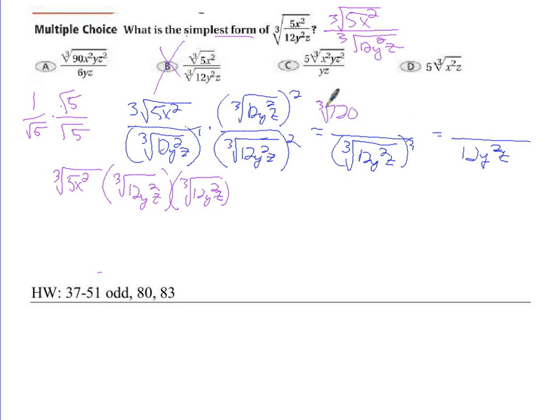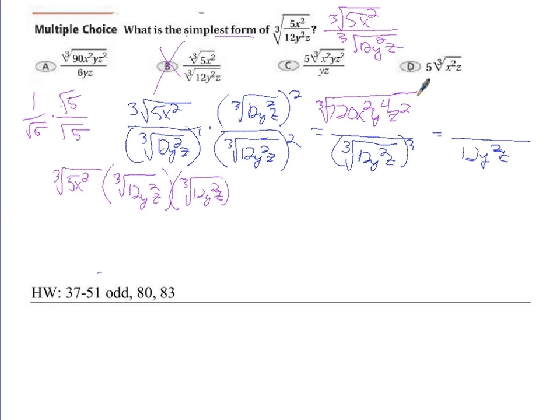That's still under the cube root. I have x squared times, oh, that's it. So you just get x squared. Then I have y to the 4th and z squared.